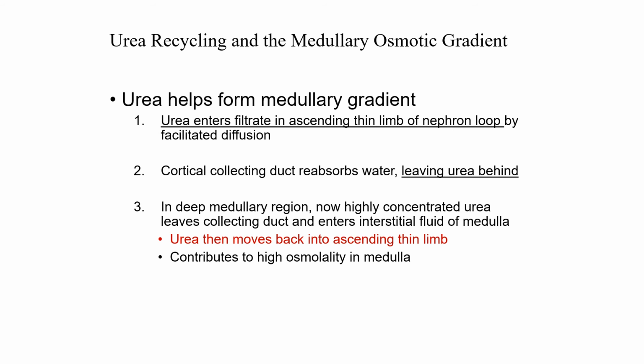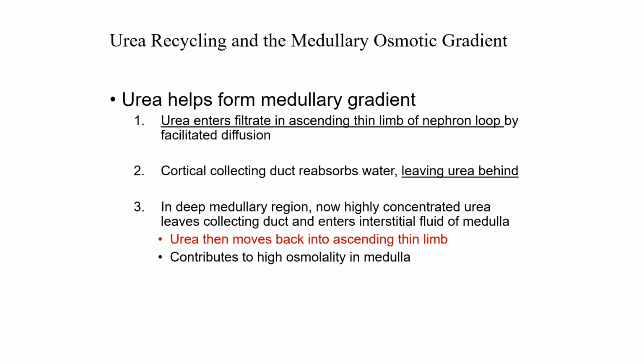What about urea? Urea is going to help form this gradient. It enters the filtrate in the ascending limb of the nephron loop by facilitated diffusion, so no use of energy. And then in the collecting ducts, water is reabsorbed, and that leaves the urea behind.